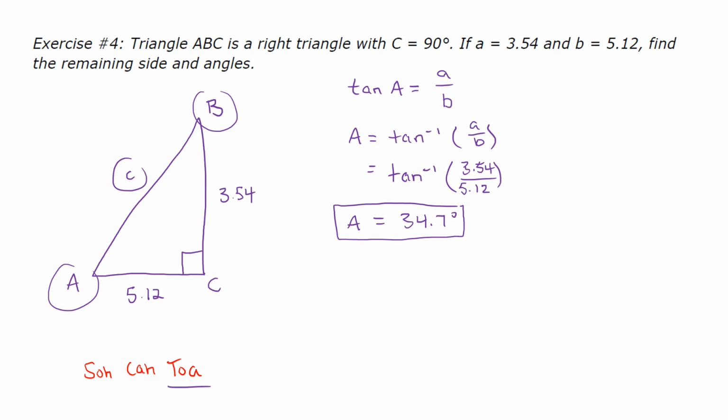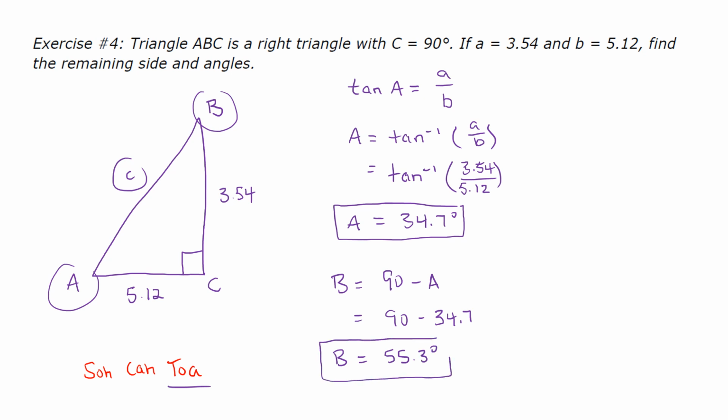So to find B, I'm going to take 90 minus 34.7, and I'm going to get B, which equals 55.3 degrees. Again, we want to make sure it has 3 significant digits because my sides also have 3 significant digits.